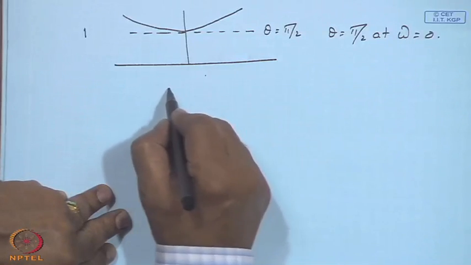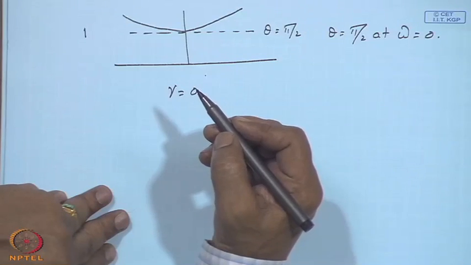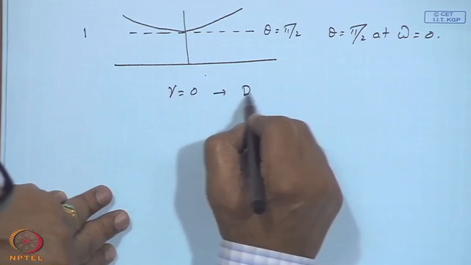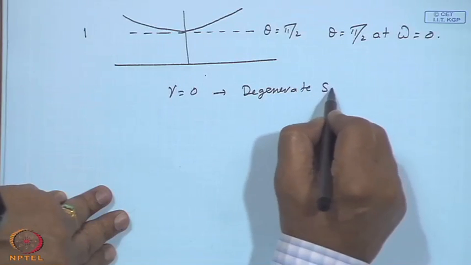We have stated also this is gamma equal to 0. Consequently, it is a symmetric case. So, it is a degenerate single sunshine.